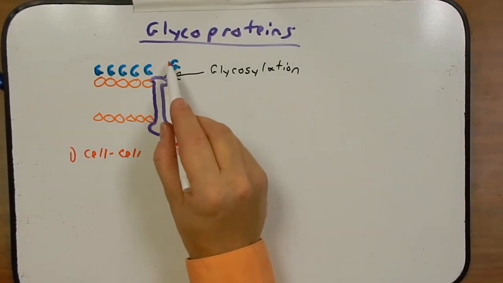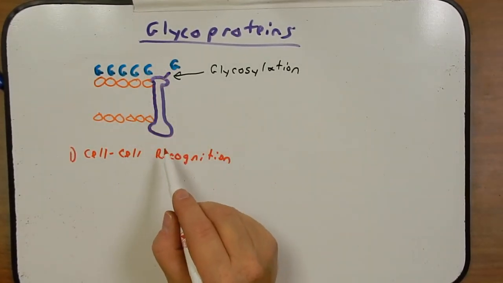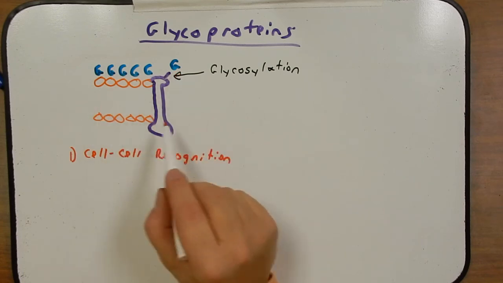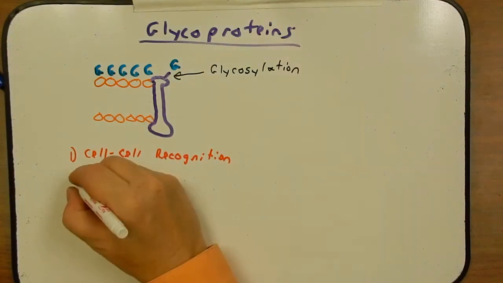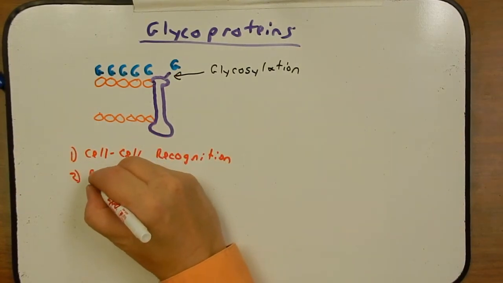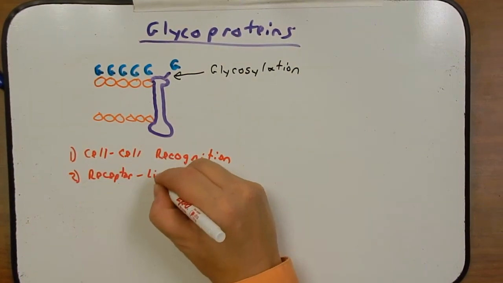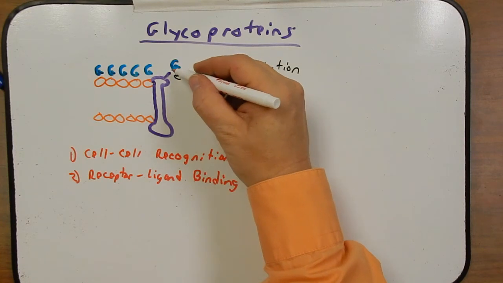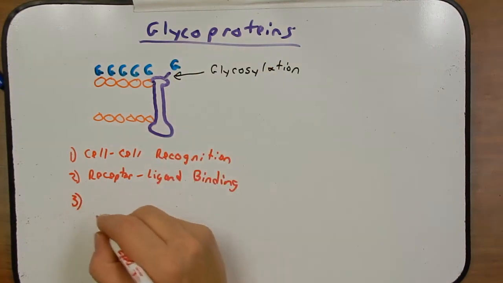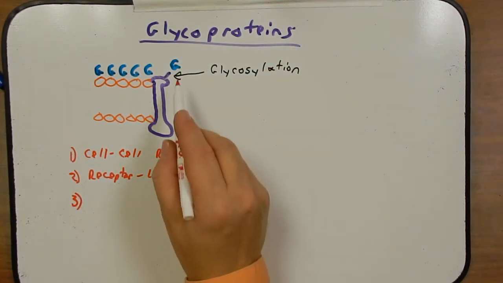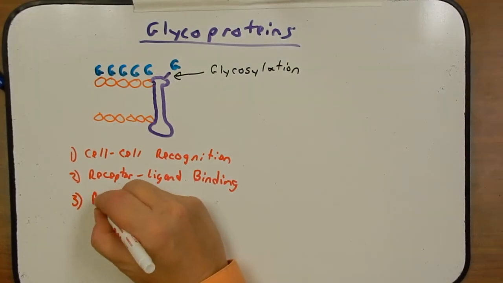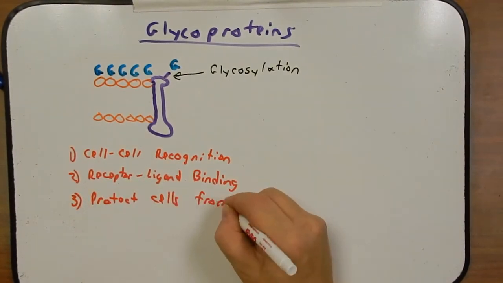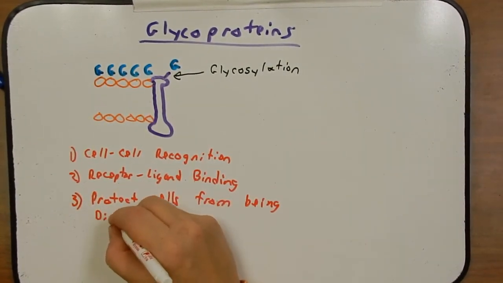Certain sugar patterns here will help the immune system recognize self cells versus foreign cells. They're also important in receptor-ligand binding. Certain proteins will recognize this, and that's how they will associate with the membrane. The last one I want to mention is that this glycosylation protects cells from being digested by some foreign invader.